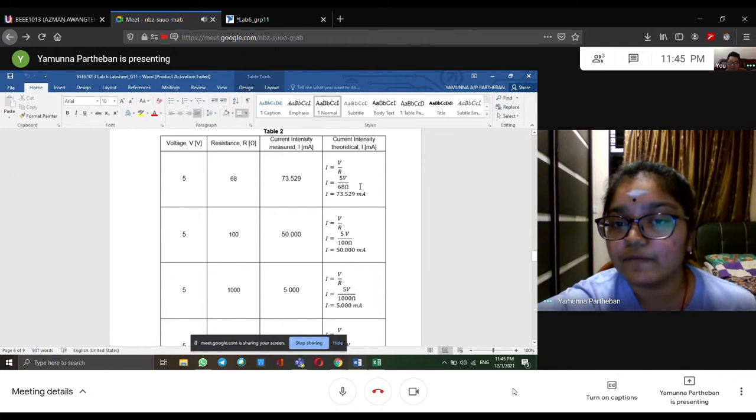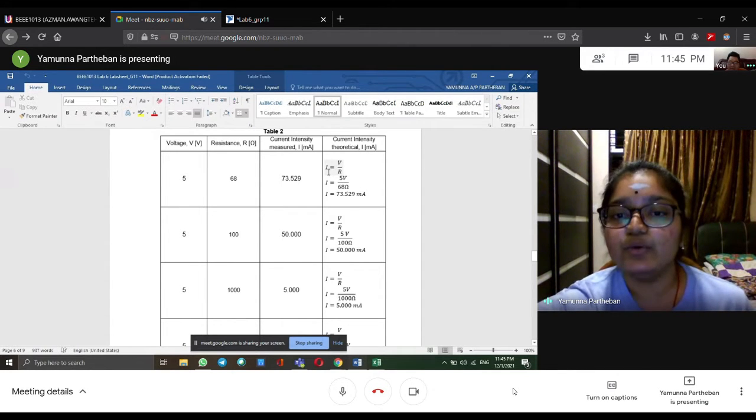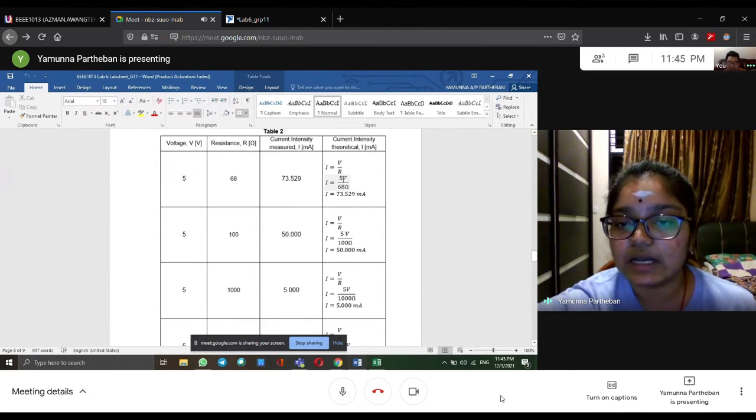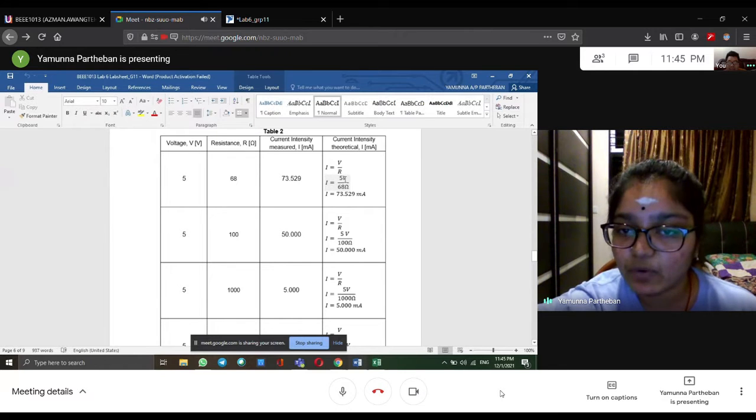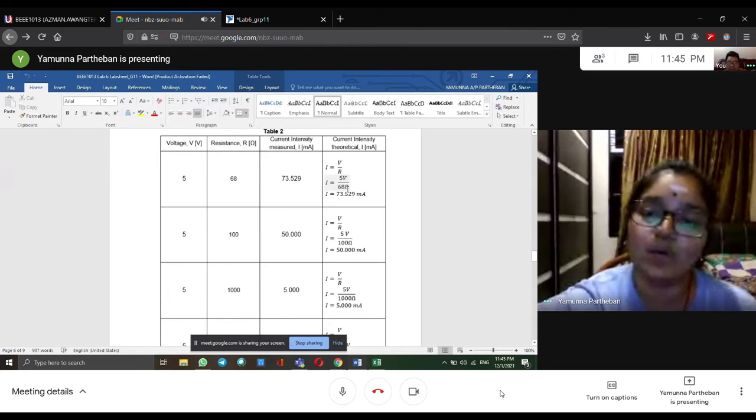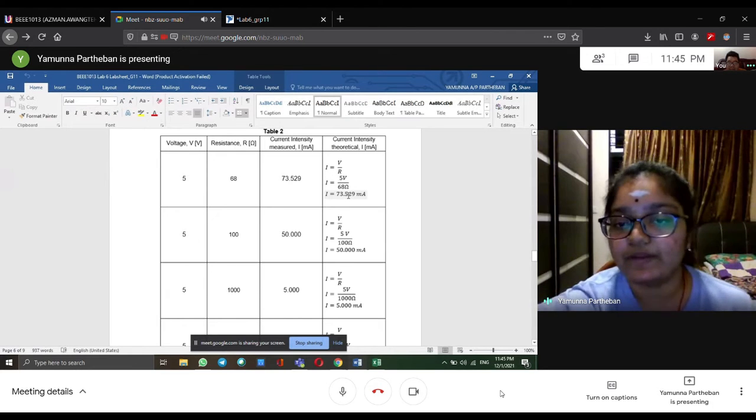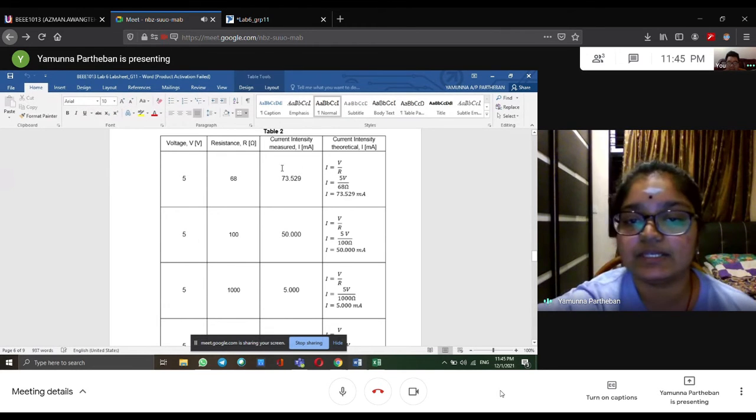For the current intensity theoretical value, we used the formula I equals V over R. So we just insert the values, 5 volts over 68 ohm. We got 73.529 milliampere, which is similar to the value that we got from the simulation.